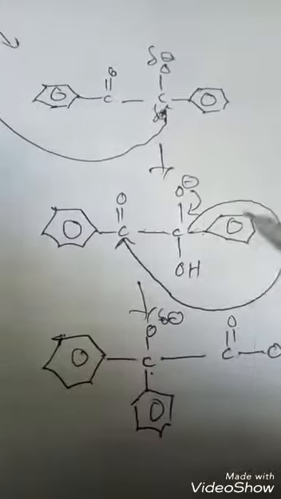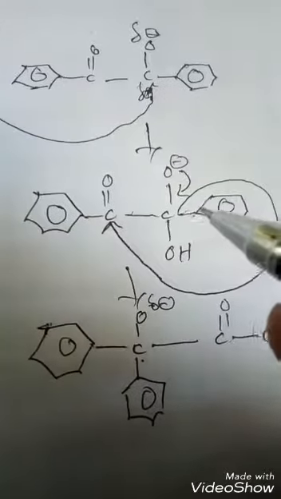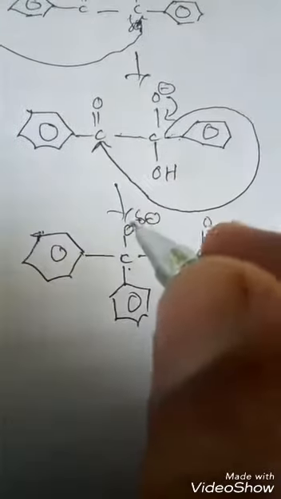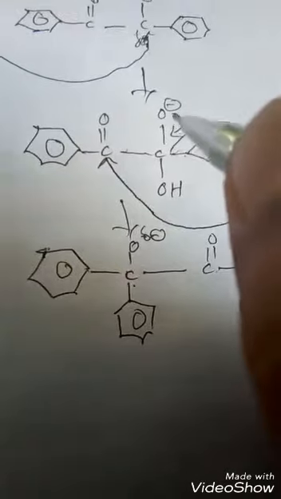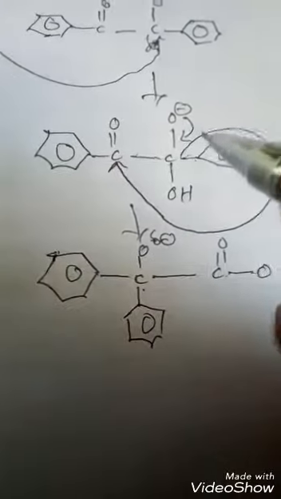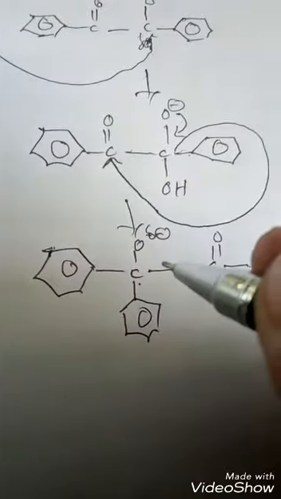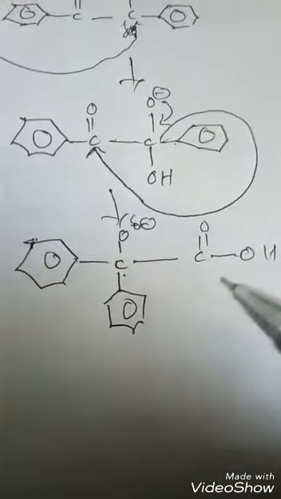Even though we show it by breaking, it doesn't happen this way. This is an intramolecular rearrangement where bond breaking and bond formation happen simultaneously. For our understanding, we are writing it like this. Now again, as happened here, an oxyanion forms. This is the first oxyanion, this is the second oxyanion, and these two are unstable, and here an acid is formed, COOH.